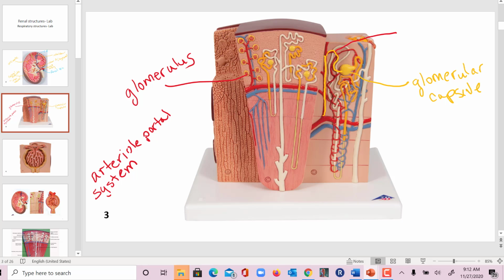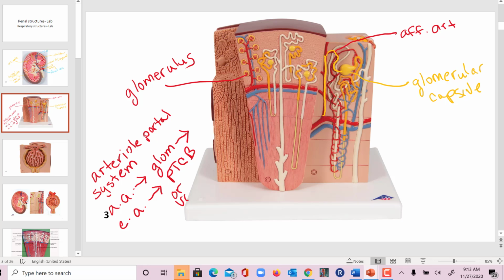That's this structure that I just highlighted. So afferent arteriole, just put AA, leads to the glomerulus, which then will lead to the efferent arteriole, which will then lead to the peritubular capillary bed, or PTCB, or vasa recta, depending on the nephron type, of course. So that's what we mean by a portal system. It's two capillary beds in tandem.